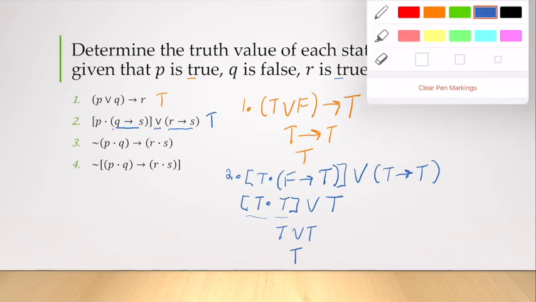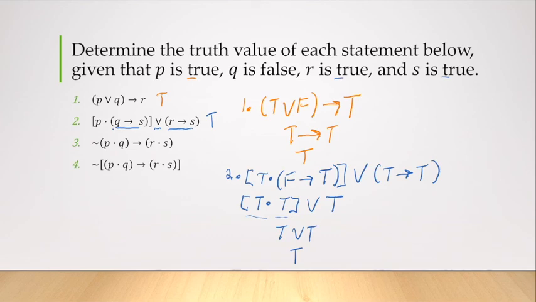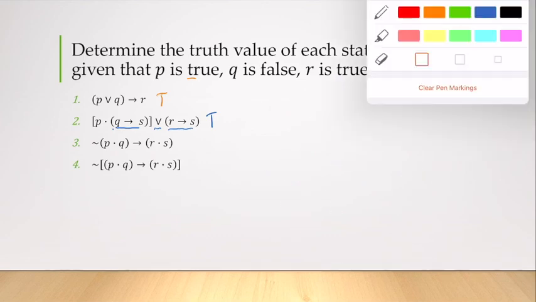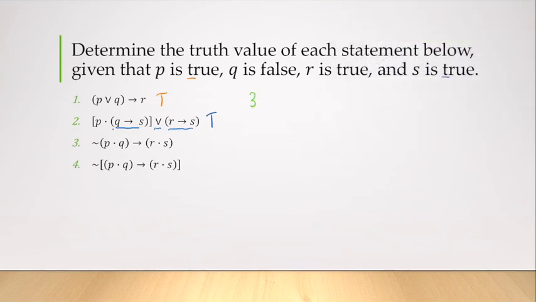Let's go ahead and make ourselves a little more room for numbers 3 and 4. For 3, I have not P and Q implies R and S. So I'm going to go ahead and substitute in P is true, Q is false, implies R is true, and S is true.